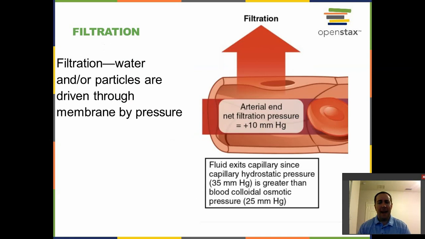Another thing that can happen is filtration. This is passive. We are not directly using energy. You are familiar with filtration. If you put water on top of a filter and let it flow through that filter, gravity is going to pull it through. The filter allows some things through, but not other things, right?